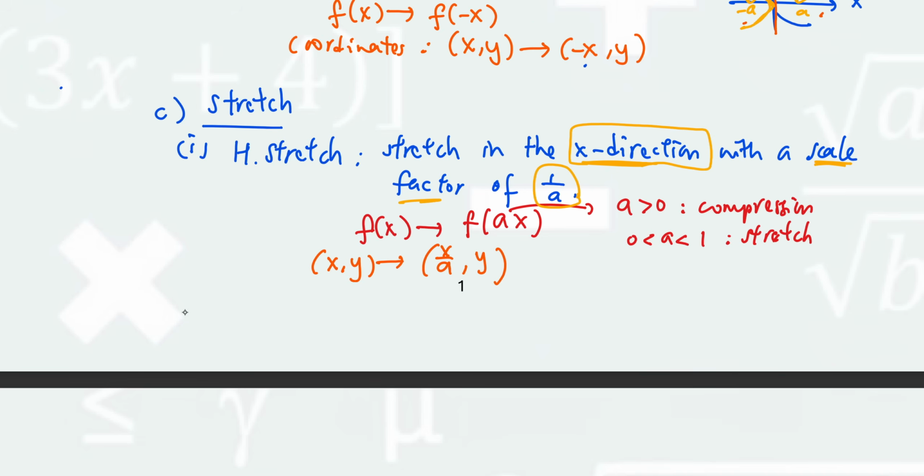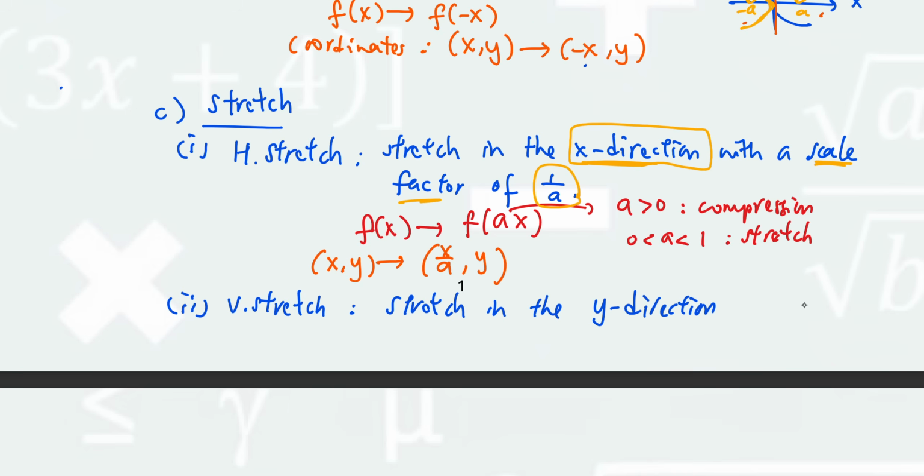Okay, the second part, vertical stretch. It is a stretch in the y direction because of vertical, with a scale factor of a. Just now it was 1 over a, now it becomes a. What happens to your function?